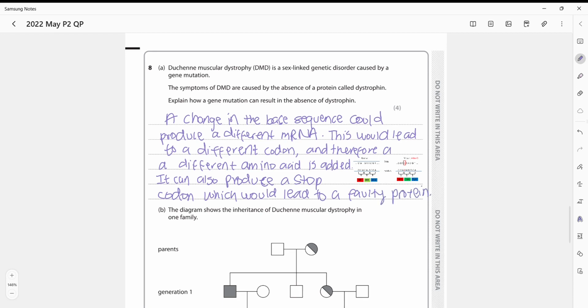So here we've got a change in the base sequence, we have a different codon, therefore a different amino acid, and then I've included producing a stop codon, which could lead to a faulty protein. That is 1, 2, 3, 4 marks.